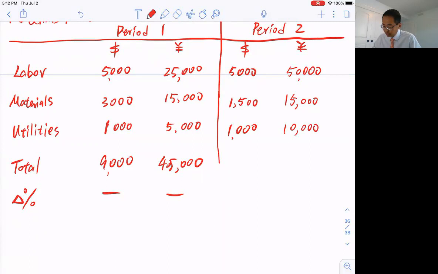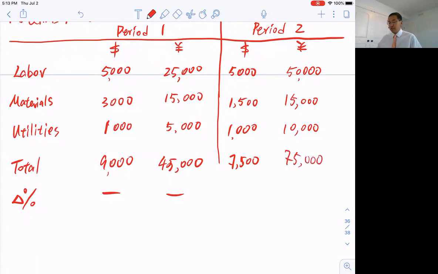Now utility is still measured in dollars at 1,000, so that goes to 10,000 in yuan. So the total here, you can see we have gone from 9,000 down to 7,500. And the total in yuan is now 75,000.